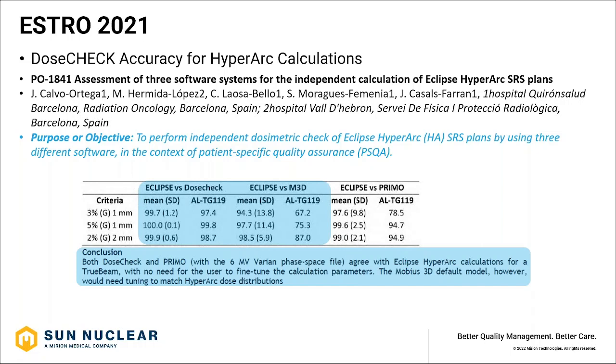When they looked at the results, they saw that both DoseCHECK and Primo agreed well with the Eclipse HyperArc calculations for a TrueBeam. And there was actually no need for the user to fine-tune the calculation parameters. However, the Mobius 3D default model actually needed a little bit of tuning to match the HyperArc dose distributions.